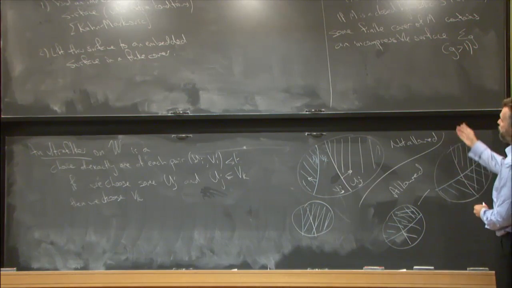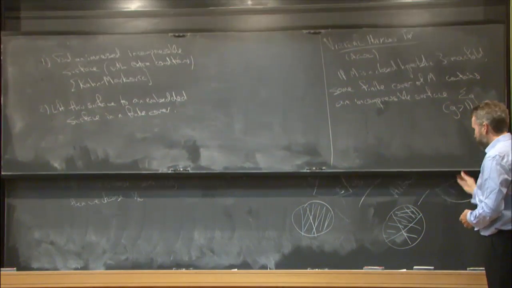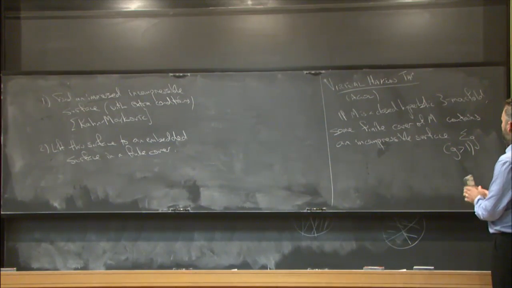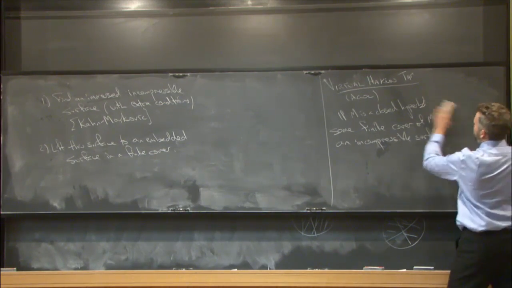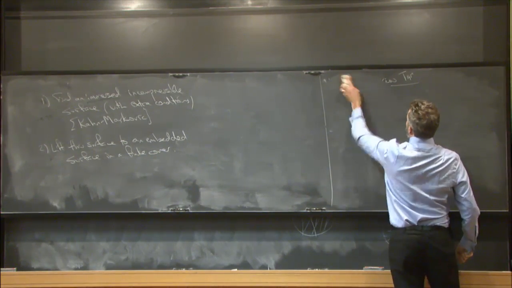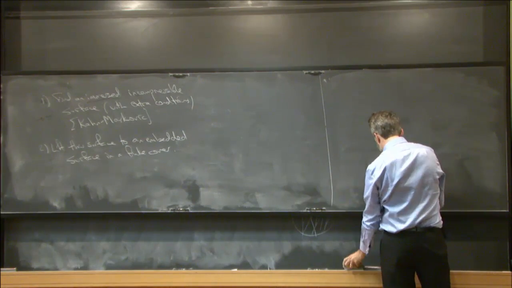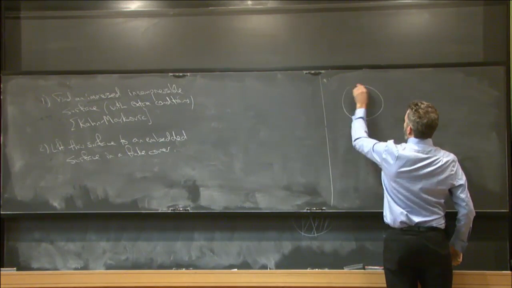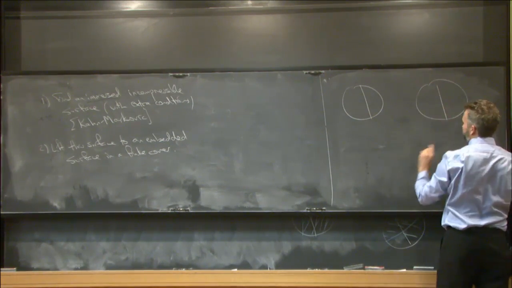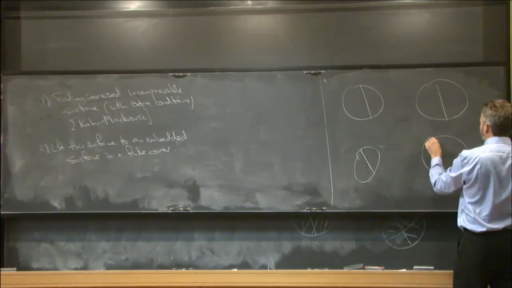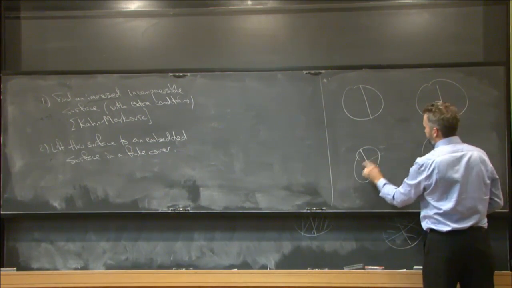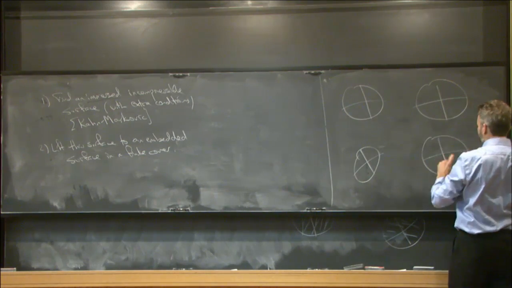There are naturally 4 vertices here, and they're joined. So let me redraw this picture once I've erased Ian's theorem, with the same 2 choices.